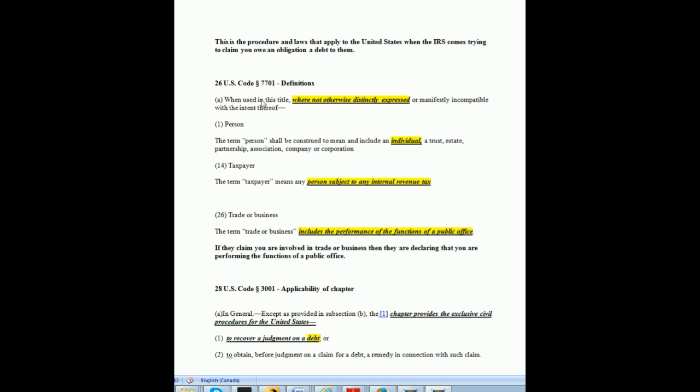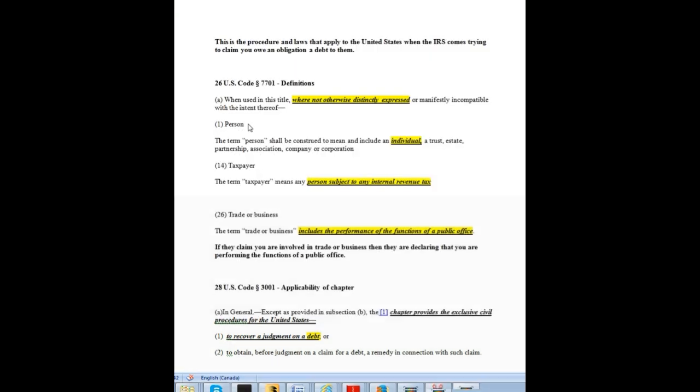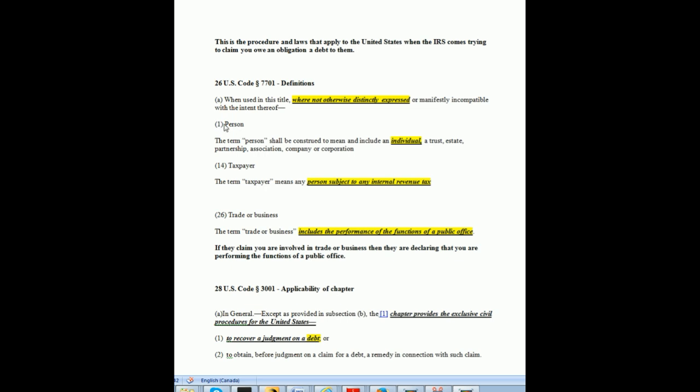When used in this title, in this code, where not otherwise distinctly expressed, or manifestly incompatible with the intent thereof. So what this is saying is, when you look at these words, these are the definitions of the words, unless a contrary intention appears. Unless these words have been redefined in that particular section, then these definitions will apply.